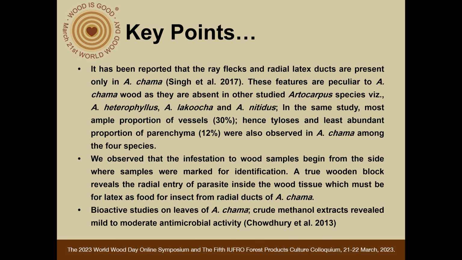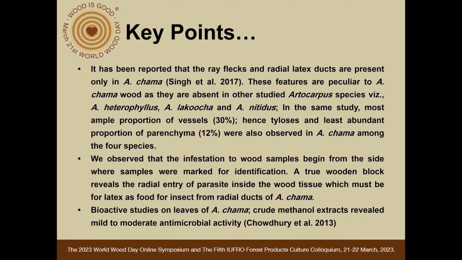I would like to add some key points from the previous literature related to the current study, which would shed some light on it. It has been reported that the reflex and radial latex ducts are present only in Artocarpus sharma.